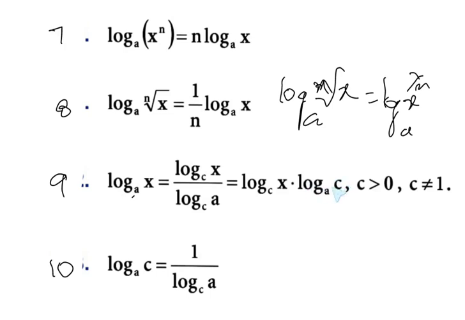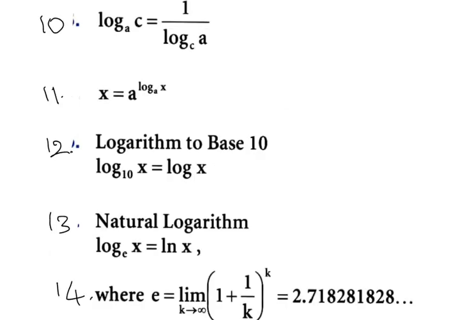So log c base a. Now log c base a equal to, also we can write 1 by log a base c. x is equal to a power of log x base a. We can write this, and x equal to a^(log x), here is base a, and base a cancelled with log, that means log a base a, and we should write that equal to x.